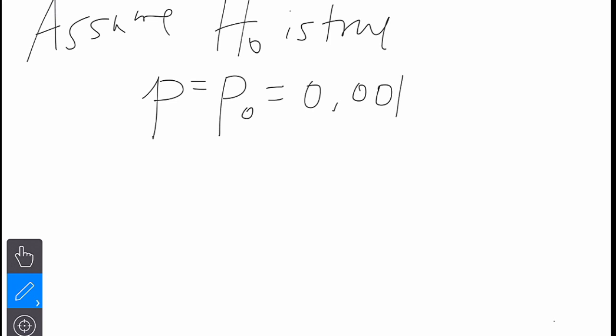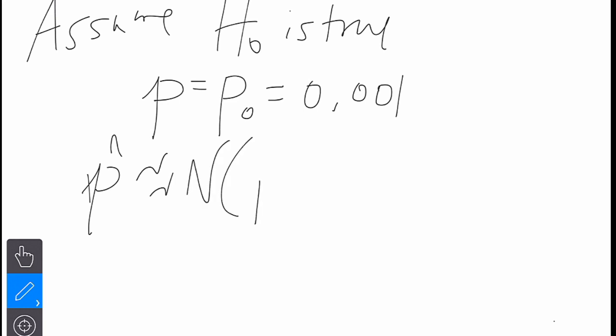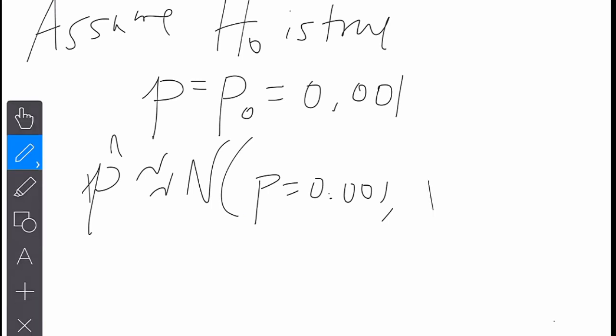As a result, the sample proportion will be approximately normally distributed with a mean of p, 0.001, and a standard deviation of square root of p times 1 minus p over n.